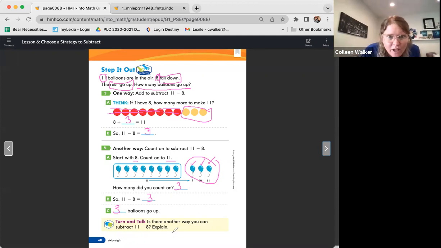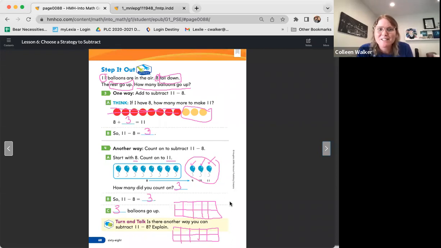So here we go. He said, you can use counters in a 10 frame. So let me make a 10 frame real quick. Okay, and he said, I can use counters in a 10 frame and make a 10 to subtract 11 minus 8.